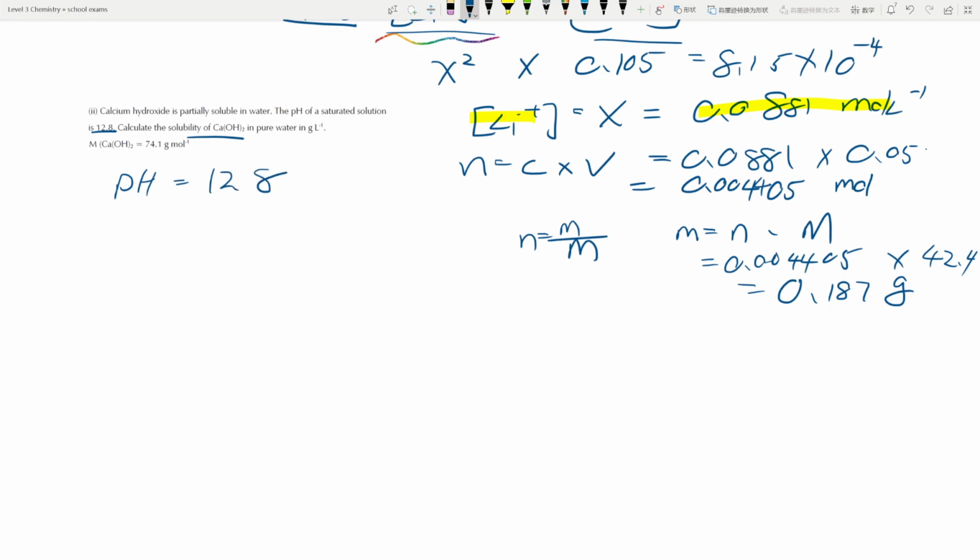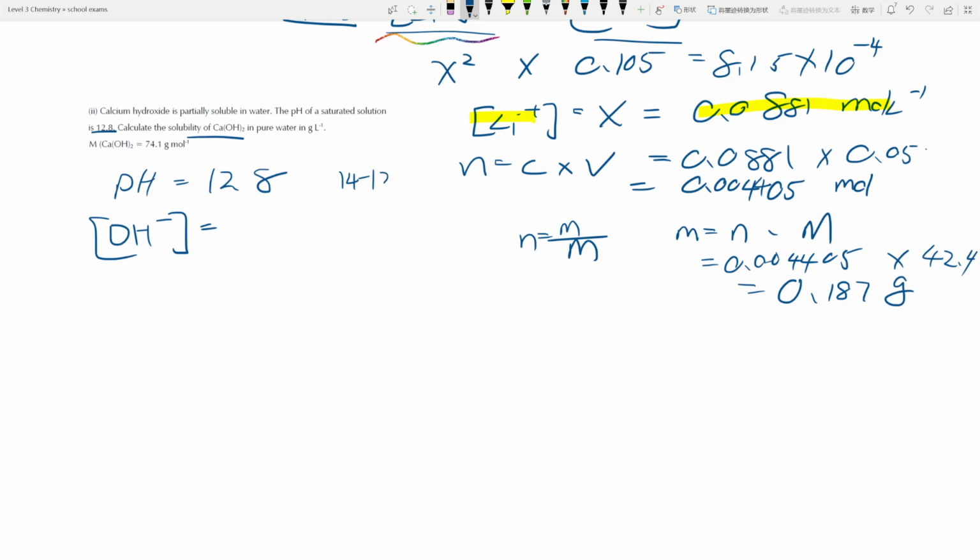Okay, so pH equals 12.8. That means we can calculate the concentration. So the pH is 12.8, which means we can figure out the OH minus concentration. So let's figure out OH minus. We can do it different ways.